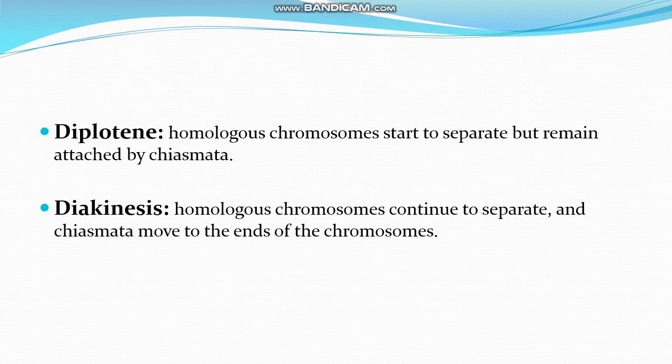These points of contact are known as chiasmata, which present a cross-shaped appearance, and the chiasma is the morphological equivalent of genetic crossing over. Next one is the diakinesis. In diakinesis, homologous chromosomes continue to separate and chiasmata move to the end of the chromosome.